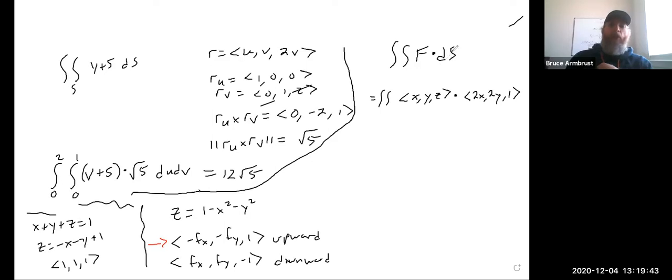Okay, so yeah, we've been calling it dS. You guys are calling it in physics dA. It's the same idea. So my long answer short, Bradley, is yep. It's exactly the same thing. You're just doing flux integrals.